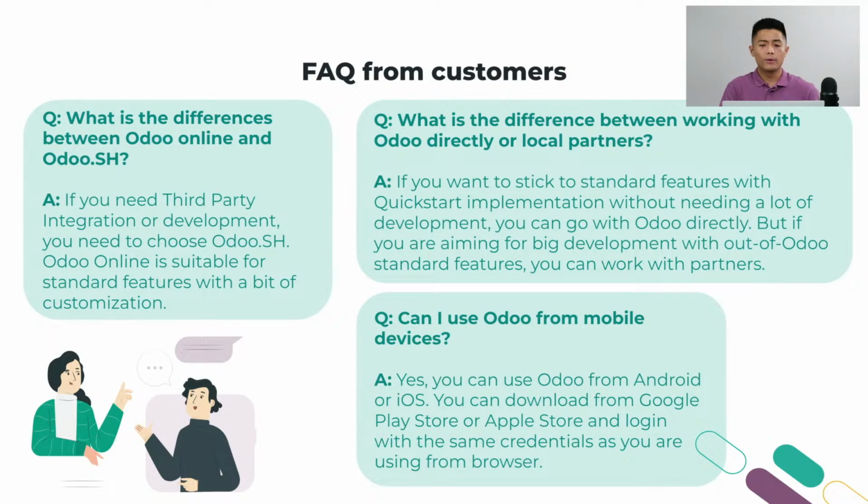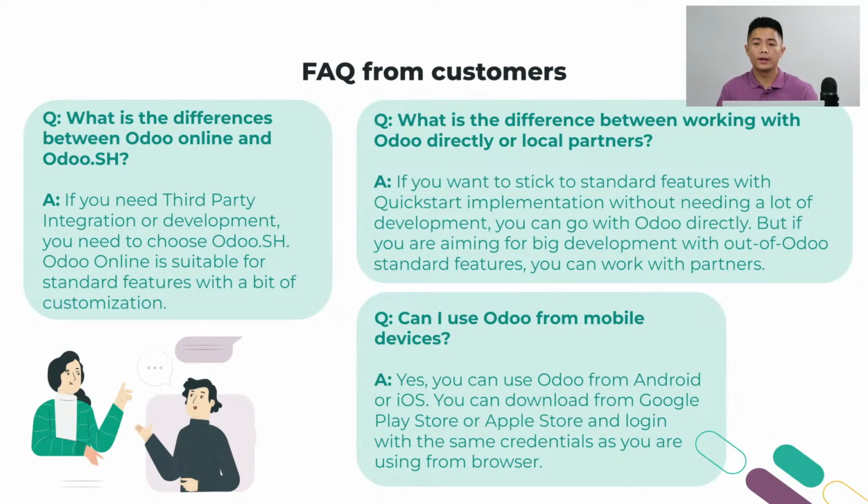Now, what is the difference between working with Odoo Direct or with a local partner? If you want to stick with standard features of a quick start and out-of-the-box Odoo, you can contact Odoo directly. Again, Odoo directly focuses more on small businesses, which don't have so much configuration, customization or development.